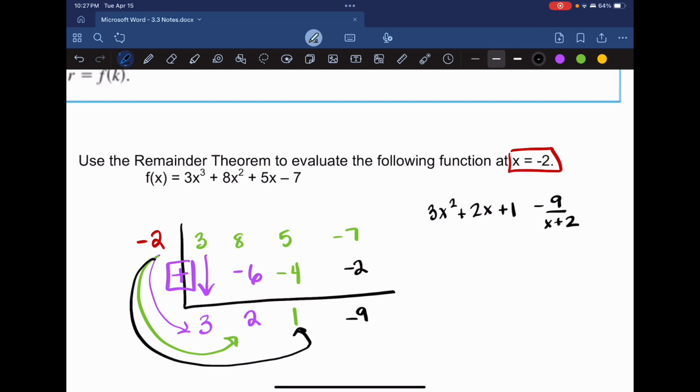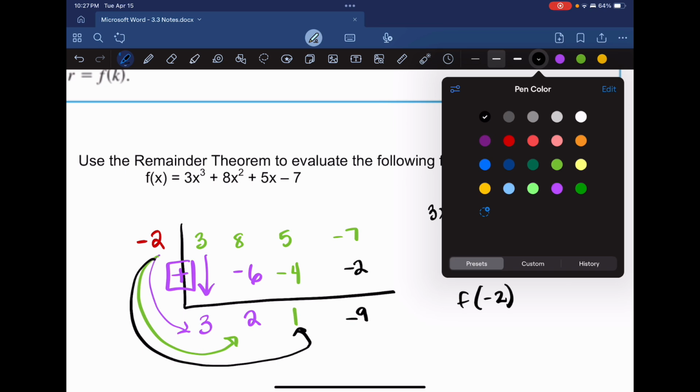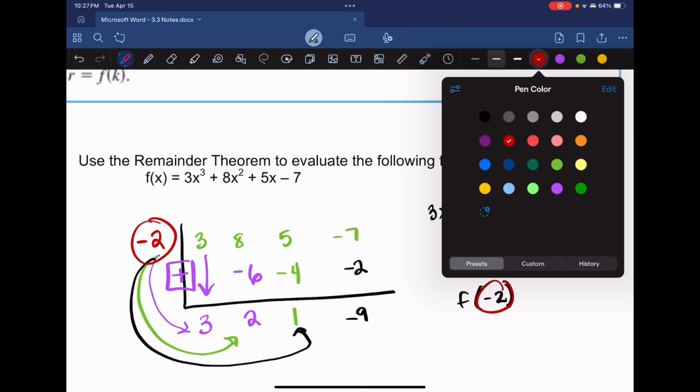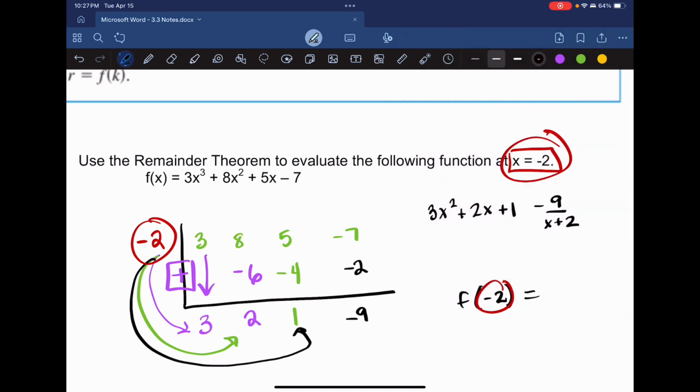This new remainder theorem, though, is pretty cool. What it tells me is f of negative 2, so f of the number we put on the outside, or my 0, equals my remainder of negative 9.